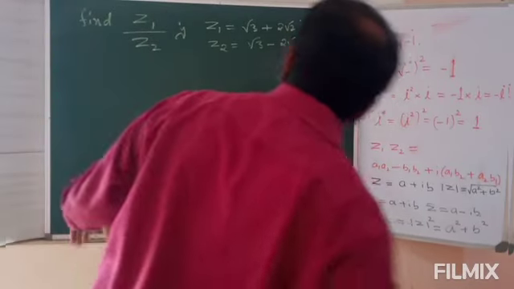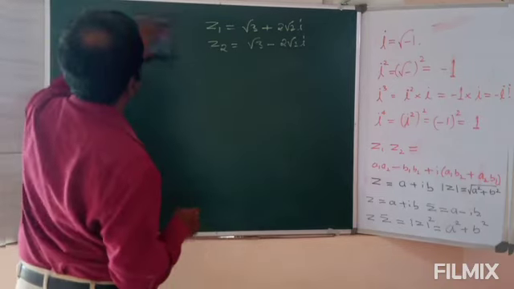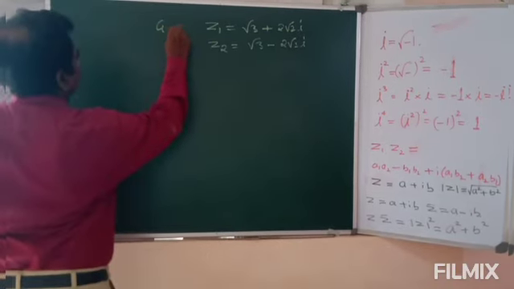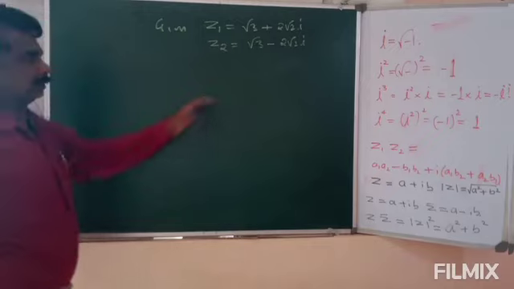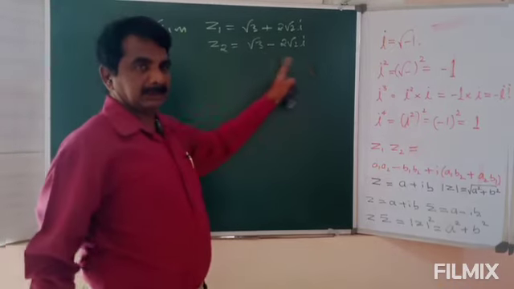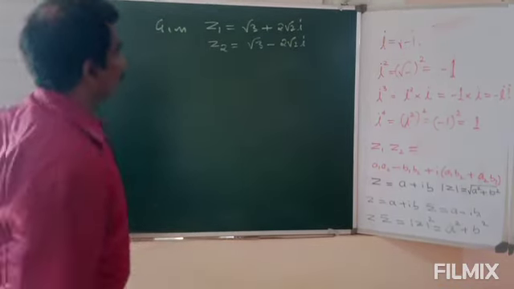Write down. Given Z1 is equal to root 3 plus 2 root 2i, Z2 is equal to root 3 minus 2 root 2i.